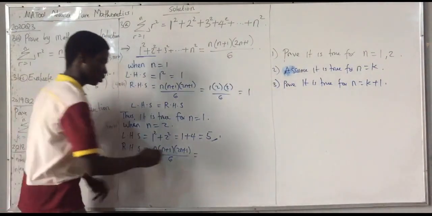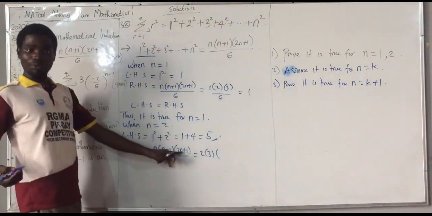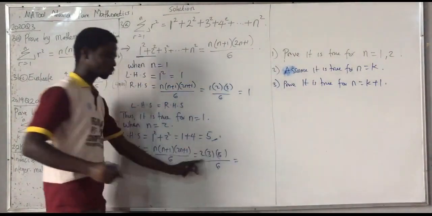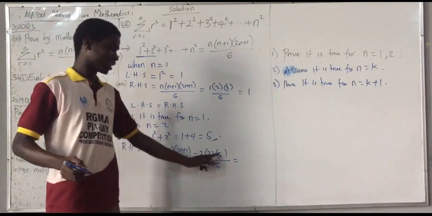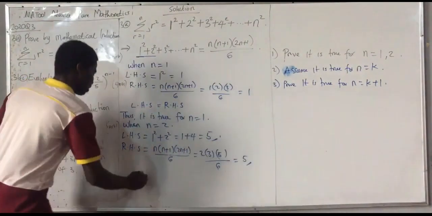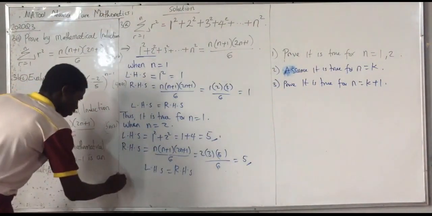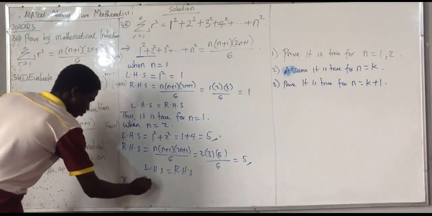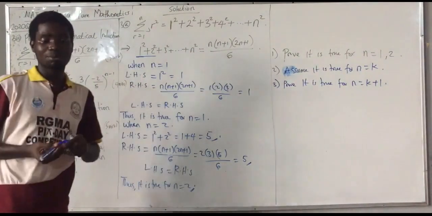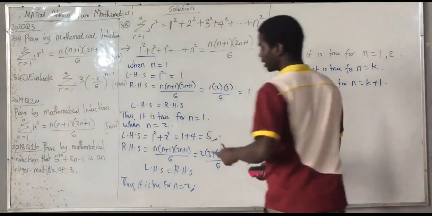This time around n is 2. 2 plus 1 is 3. 2 times 2, 4, plus 1, 5 over 6. 2 times 3, 6. 6 times 5, 30. 30 divided by 6 will give me 5. You can see again, left hand side is equal to the right hand side. See, thus it is true for n equal 2. So in reality, I prove for n equal 1, I prove for n equal 2. But in the examination, in order not to waste time, just prove for n equal 1. Then go to the next one.